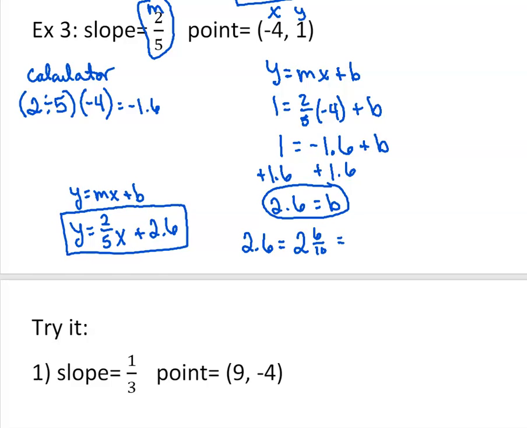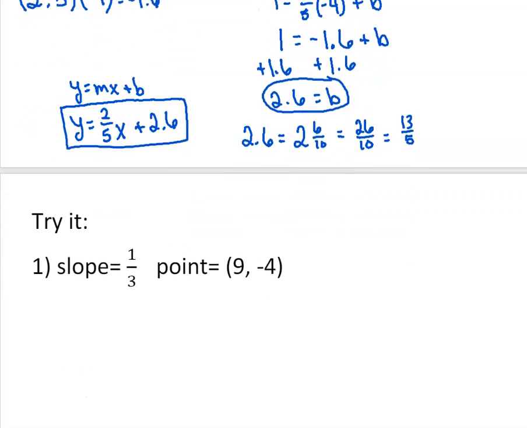You could make that an improper fraction if you wanted. That would be 26/10, and you could simplify it to 13/5. So instead of 2.6, you could put 13/5. If this was multiple choice and the answers were fractions, you could figure that out.